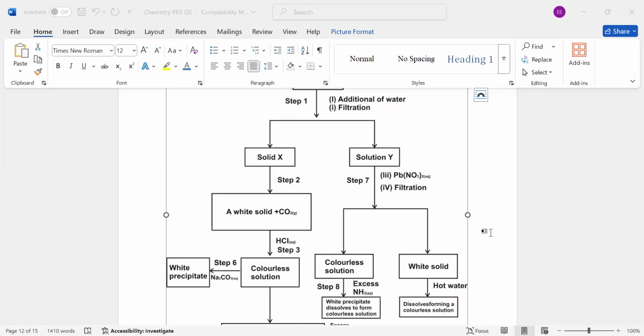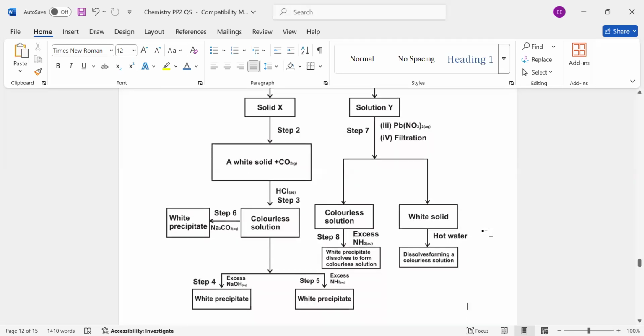Yes. So, where you said magnesium, why not sodium? Why not sodium? Sodium ion. Yeah. Now, anytime we have the test for cations, sodium and potassium will not give us any precipitate.